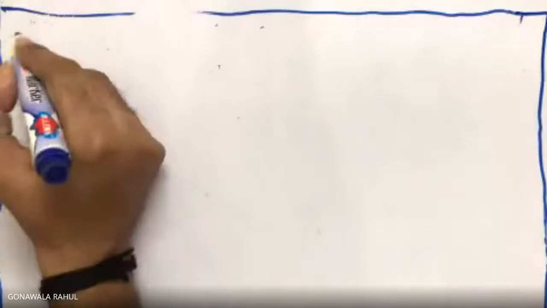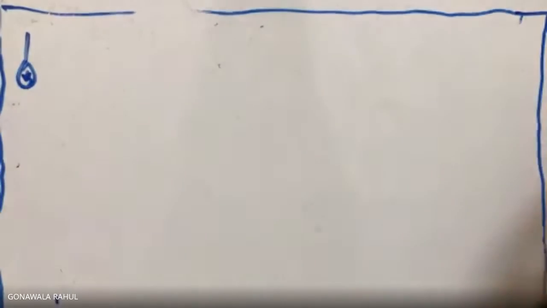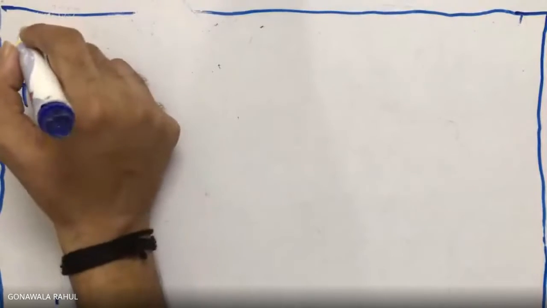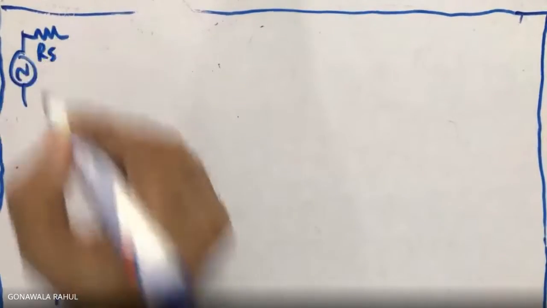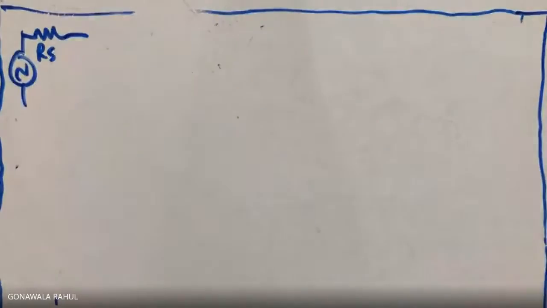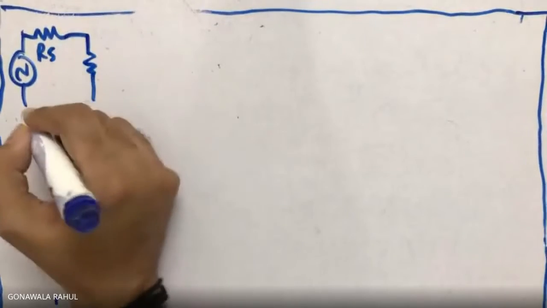So we had Vs, then we have Rs, then we have RB.